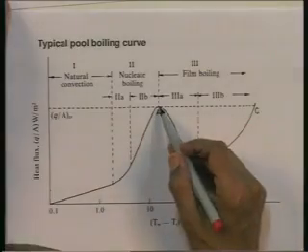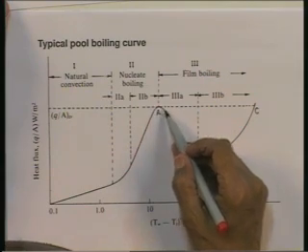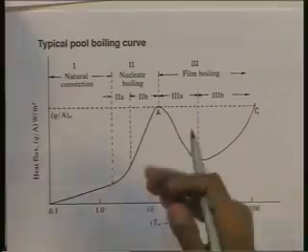Now, at a certain point, what we observe is that the curve goes through a maximum, and this is called the peak heat flux point. This is the point A, which is called the peak heat flux point. Now, interestingly, so many bubbles are being formed on the surface that some of the locations at which the bubbles are formed are very close to each other.